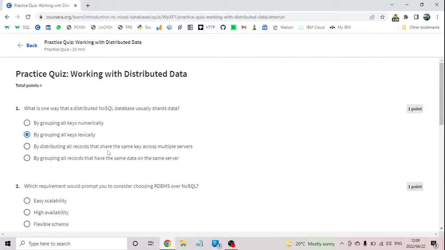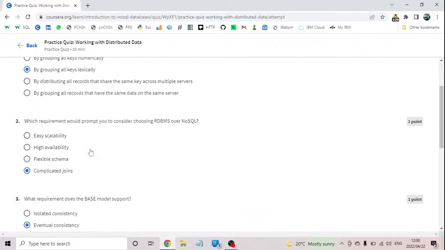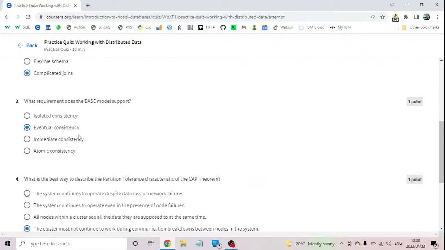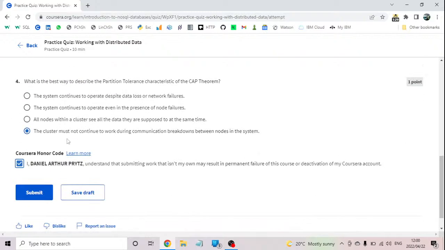So hang on. What is one way that a distributed NoSQL database shards data? Lexically feels right. This one is definitely right. Must not continue to work, so that's wrong. The system continues to operate even in the presence of node failures, despite data loss or network failures.